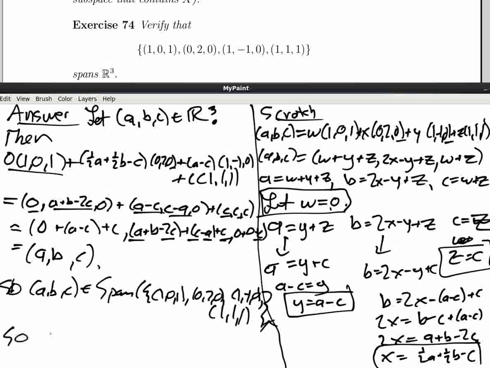So this set spans R3. Again, the idea is you tell me any numbers you want for a, b, and c. So you're allowed to pick anything for a, b, and c. In other words, this could be literally any vector in R3. You tell me what those elements are, what those numbers are, I can combine them into what the coefficients should be.